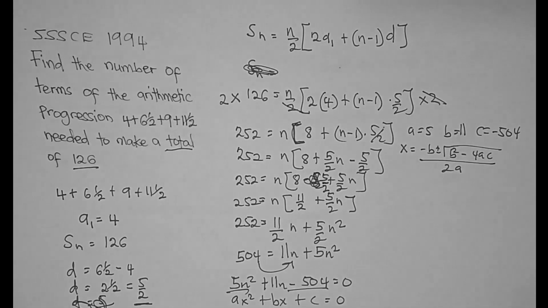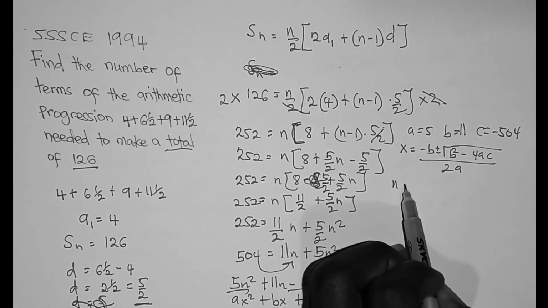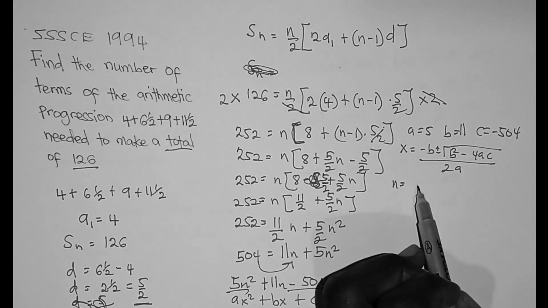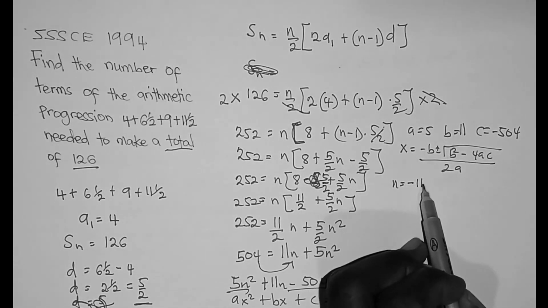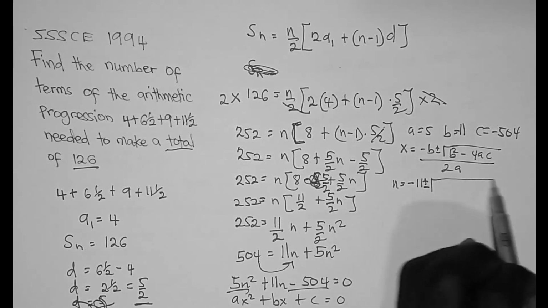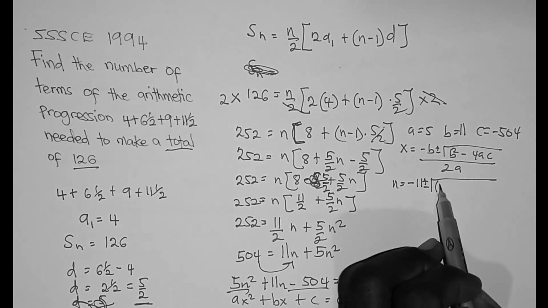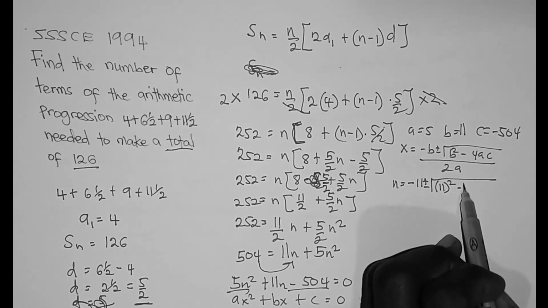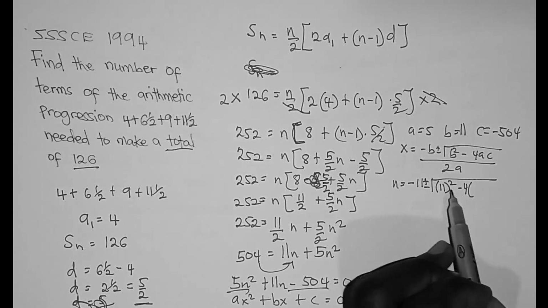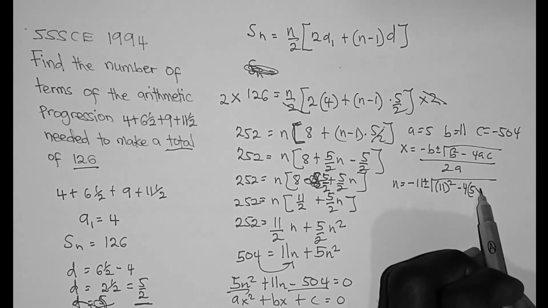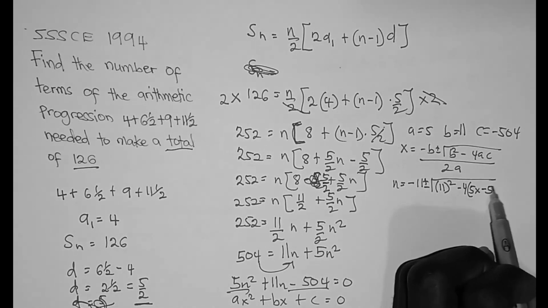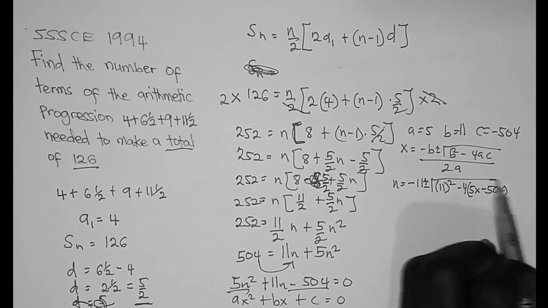So in this case, since we are dealing with n, it becomes n equals minus b. b is 11, so it becomes minus 11 plus or minus the square root of b squared, which is 11 squared, minus 4 times a times c. a is 5, times c is minus 504.